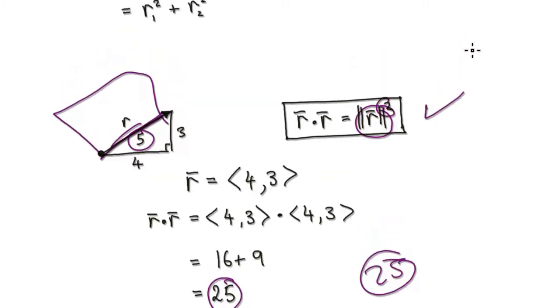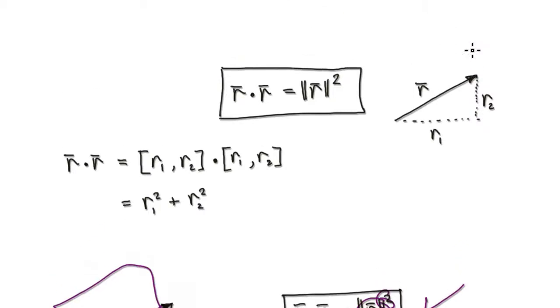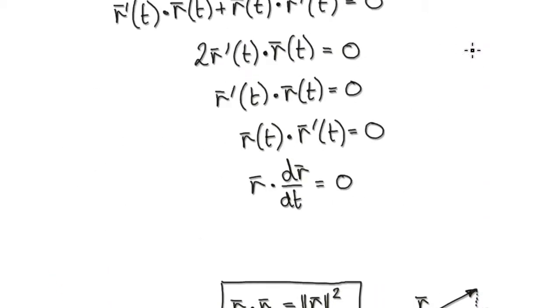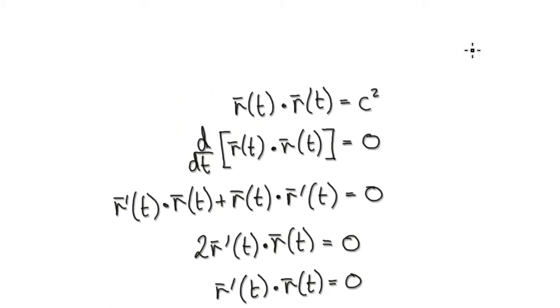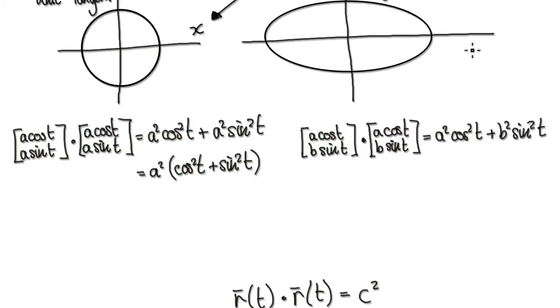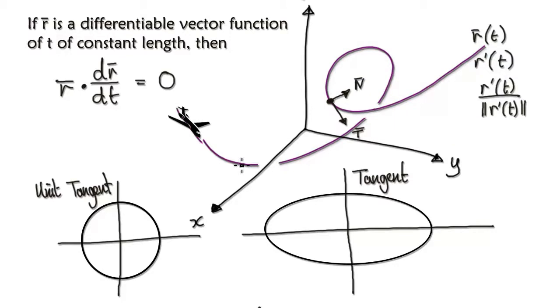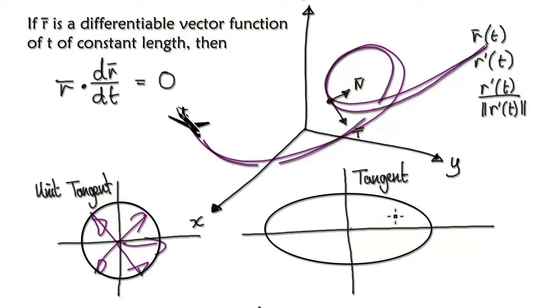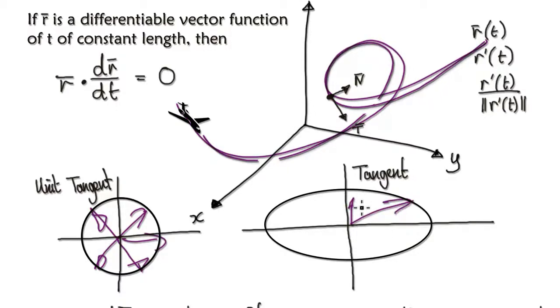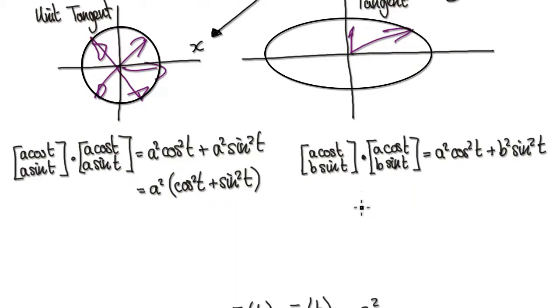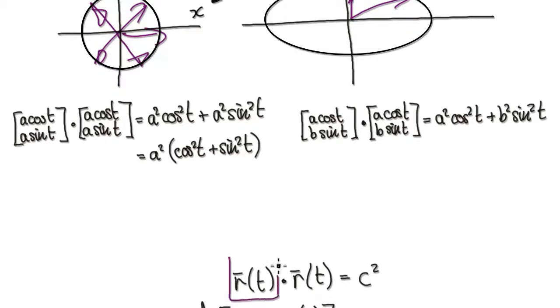But going back to our scenario, going back to our plane scenario, right there. So this is our plane flying about, and this is our unit vector. It's changing as the plane is flying through 3D space, and this is a tangent. You see, you trying to understand this bit here. When you take the dot product, when they're of equal magnitude, you can say it equals some sort of constant squared.